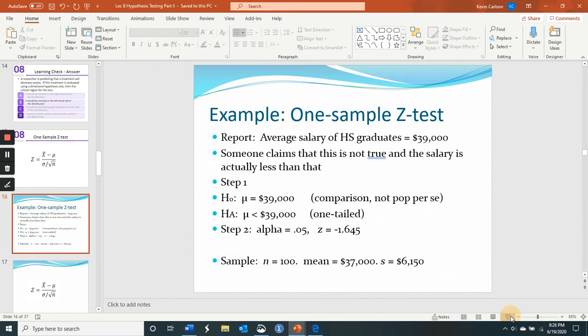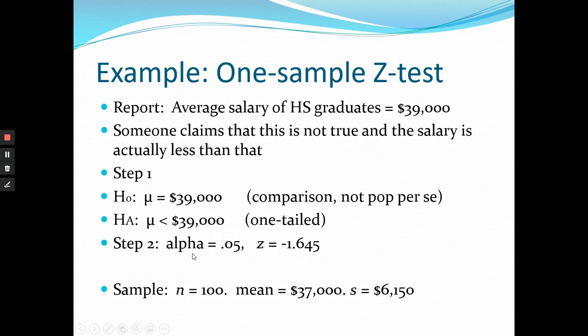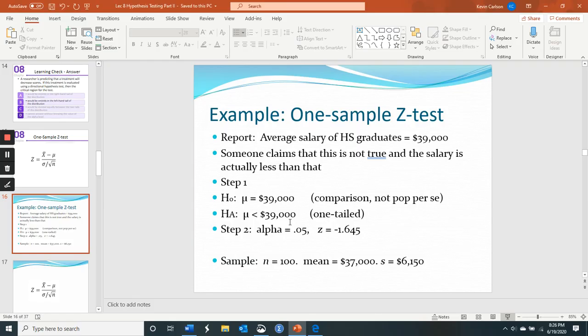And then our second part here, so that's our HA. Our HA is it's less. That's represented by that little shading on the left that we just did. So remember, step two is we set our criteria. Remember that our alpha is always 0.05. What's 0.05? What does that mean again?